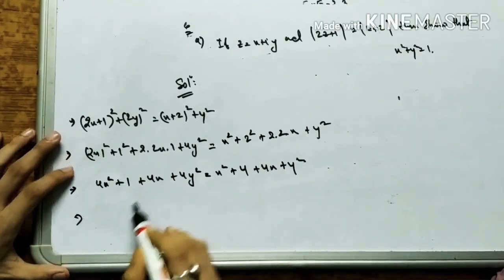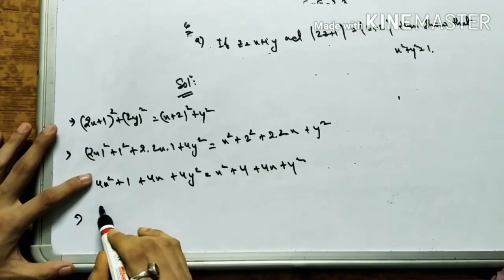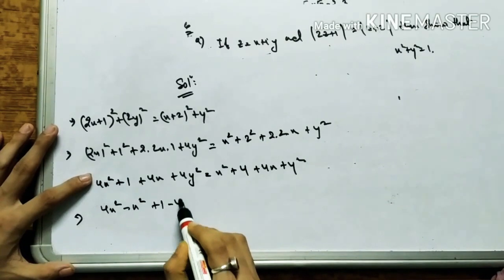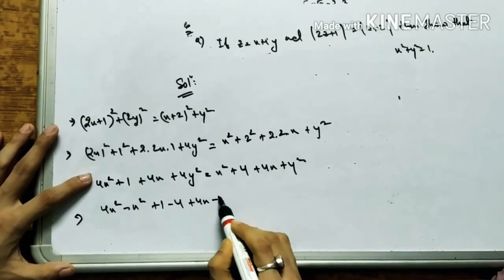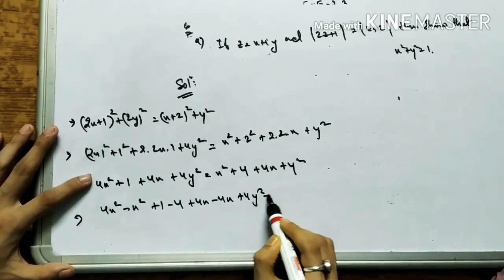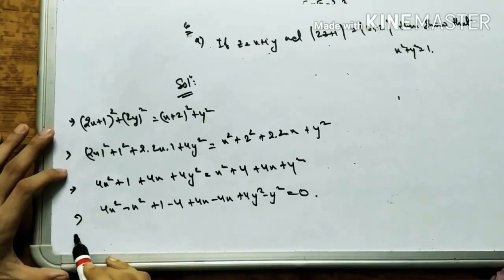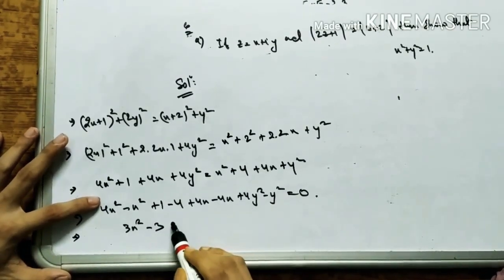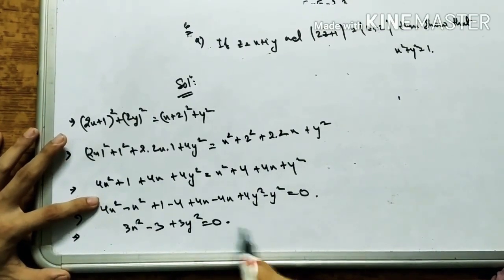Now I will bring everything to one side: 4x square minus x square plus 1 minus 4 plus 4x minus 4x plus 4y square minus y square is equal to 0. This becomes 3x square minus 3 plus 3y square is equal to 0.